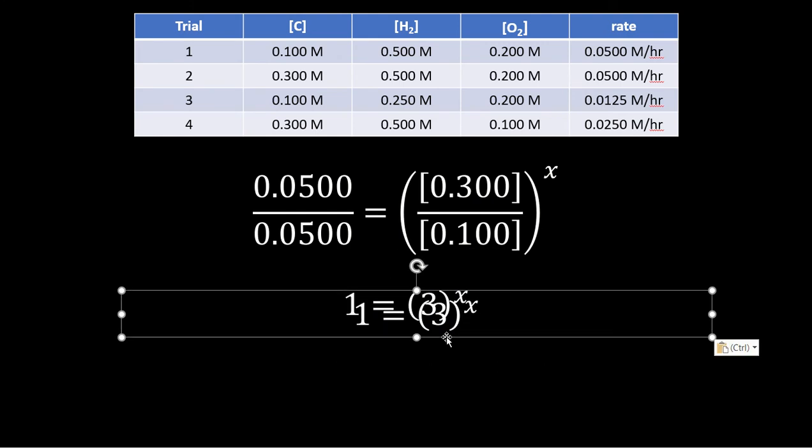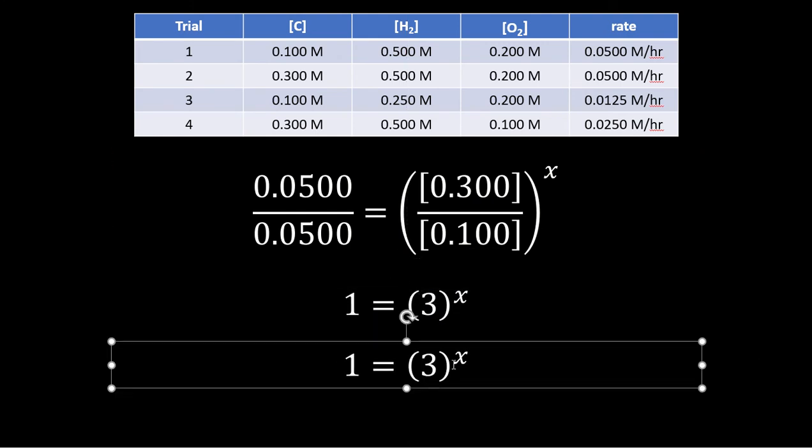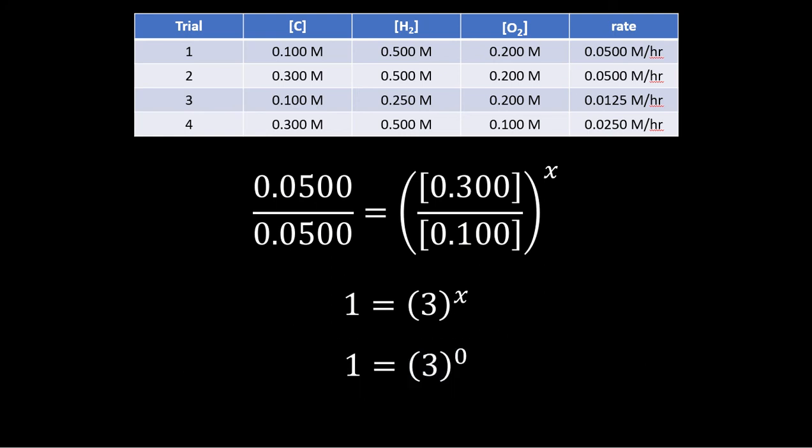Anything raised to a value of 0 would be 1. Therefore, the rate order for carbon is 0. The exponent x equals 0.